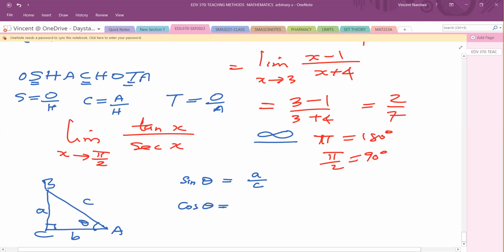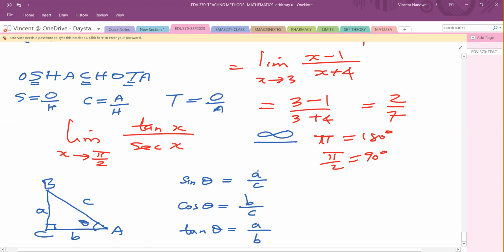Cos itakuwa adjacent, which is B, over hypotenuse, which is C, si ndio? And then tan is opposite, which is A, over adjacent, which is B, si ndio?